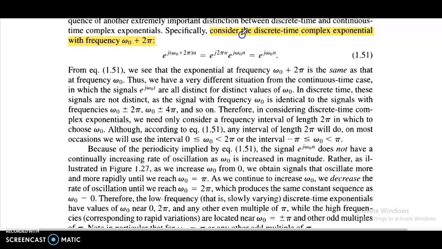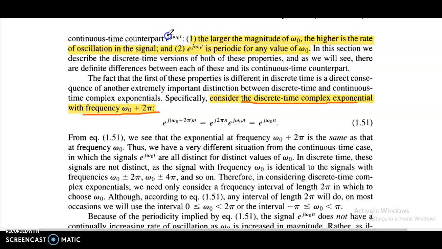Consider the discrete time complex exponential with frequency omega naught plus 2 pi. From e power j omega naught t for the continuous time counterpart, for discrete time complex exponentials we have to replace t with n.